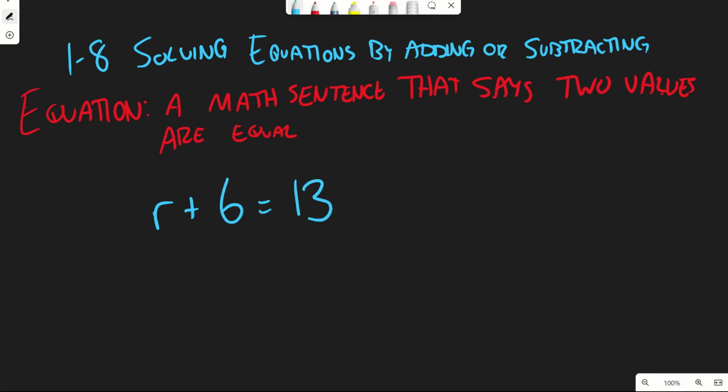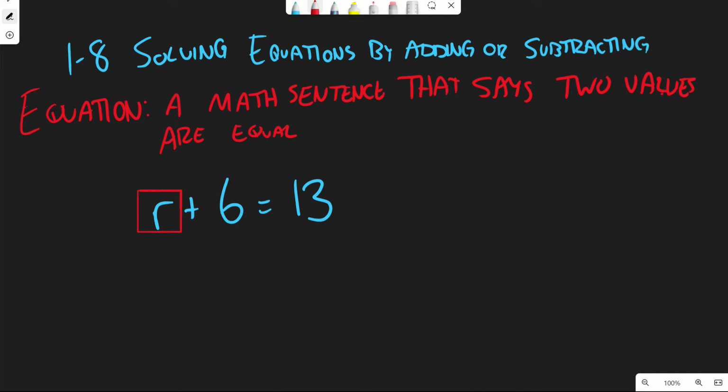What I know is that r plus 6 is equal to 13. Now, I want to get rid of this 6 and get r all by itself. So to get r all by itself, I need to somehow get rid of this plus 6.